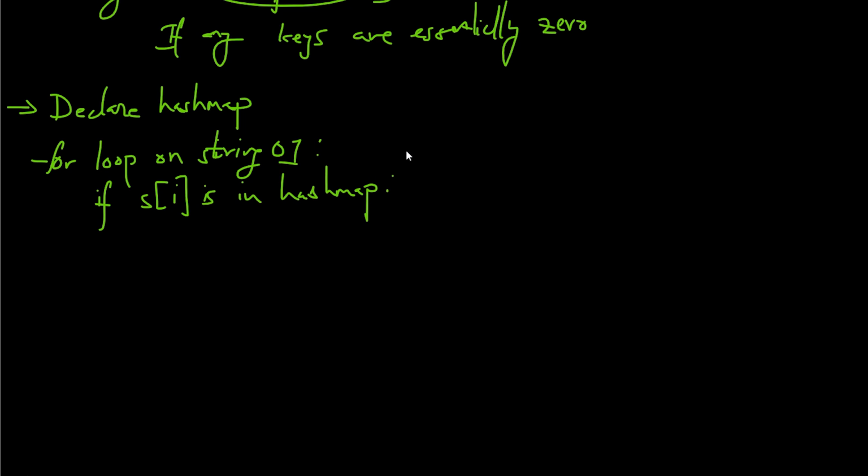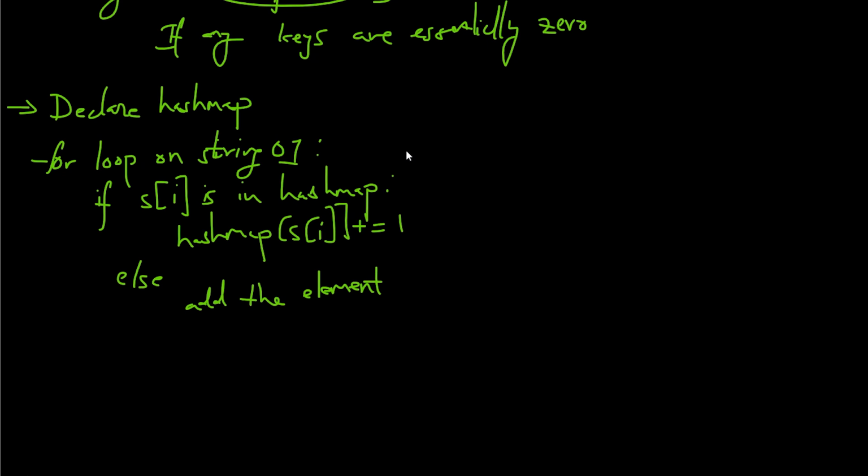If it is, you increase the count like we did for the earlier example. So hash map of string of i, I will be increasing its count by 1. Else you add the element as 1 to the key, and then you are again going to run a for loop.